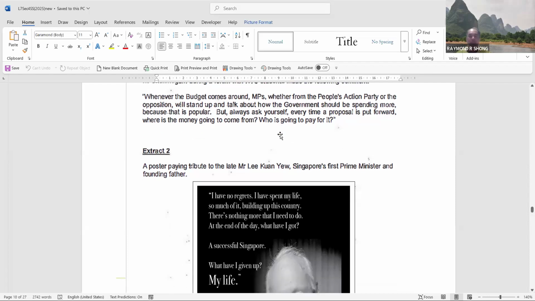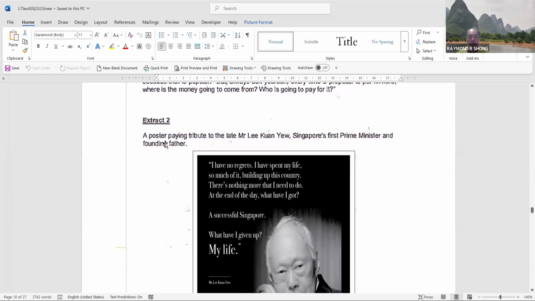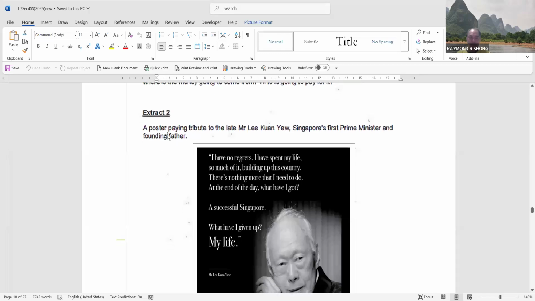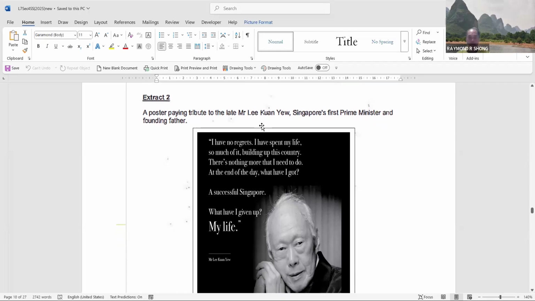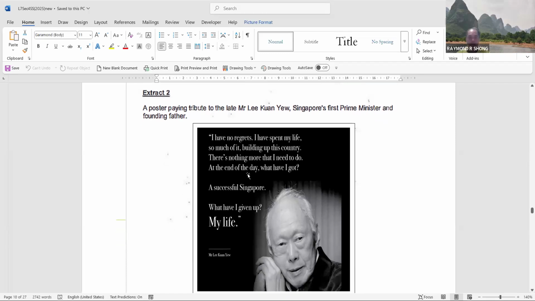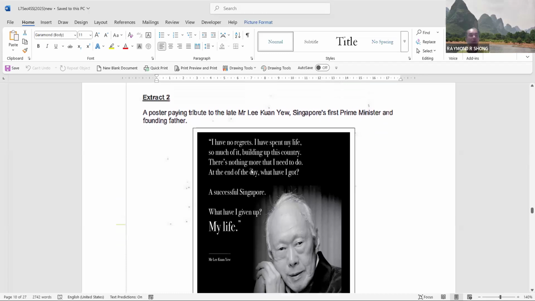Okay, now let's do extract two. Luhan. A poster paying tribute to the late Mr. Lee Kuan Yew, Singapore's first Prime Minister and founding father. Okay, this one you read now. So take note, this is definitely B, right?